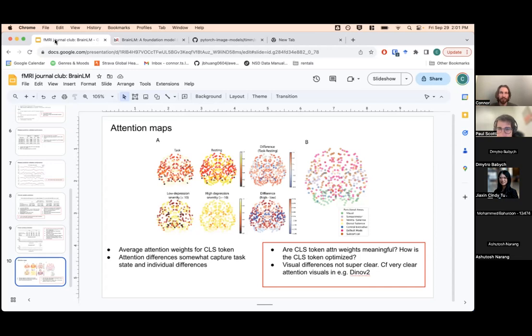Yeah, so in general, I think attention map analysis and visualization is one of the great things you can do with these transformer models. You can get a lot of insight from studying attention maps, and I think going forward, we'll be able to get insight from looking at attention maps for foundation models trained on brain imaging, but I think this isn't quite there yet.